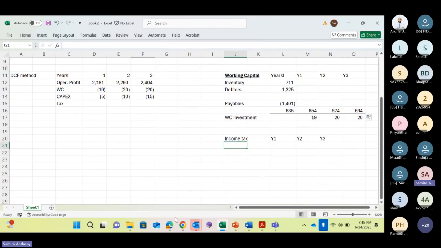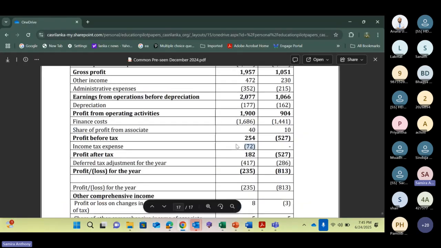In this PNL, the current income tax expense is 254. Assuming the same 5% increase, you can estimate the next 3 years' profit before tax, then add back depreciation, deduct capital allowances, and apply the rate.